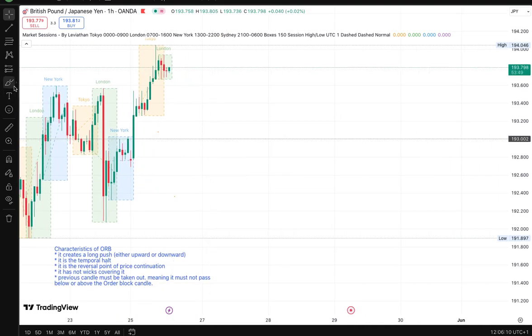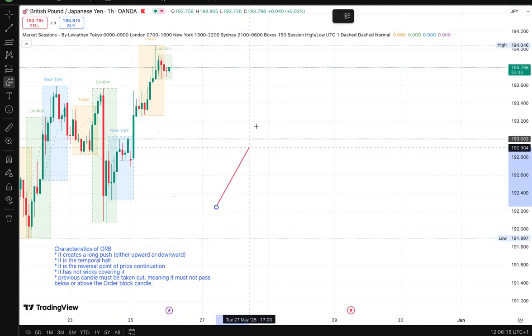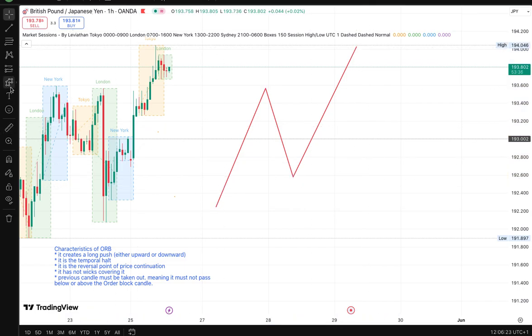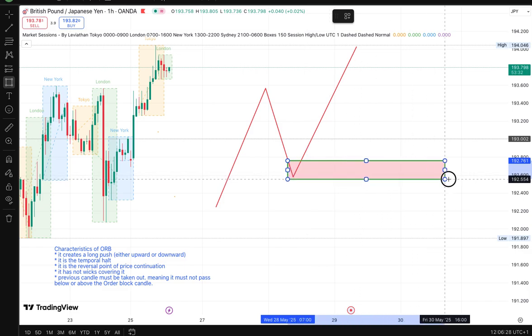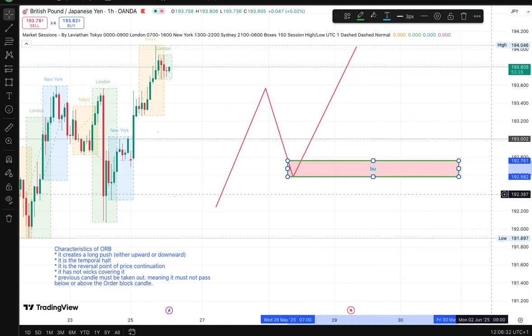All right, let me just start with the diagram first. So when you notice a swing high or swing low, okay, when you notice a swing high or swing low, the order block is always at this point. Okay, this is where you signify a bullish order block.